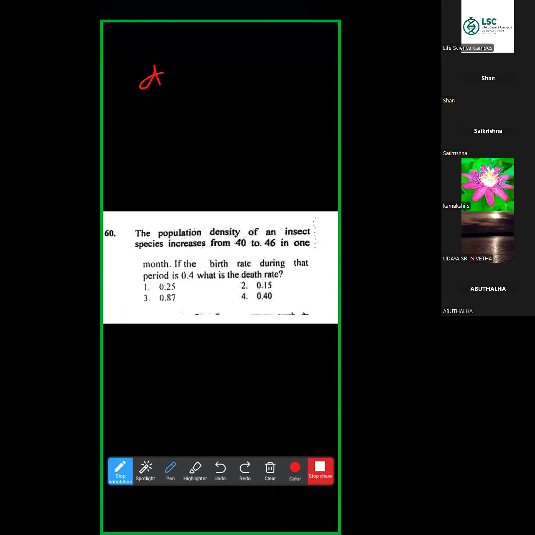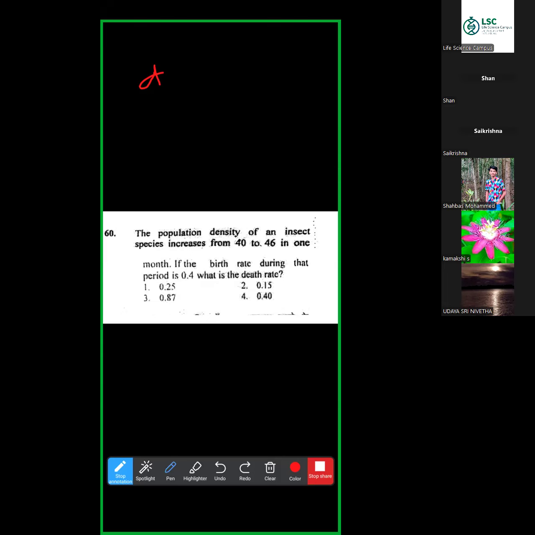So we have an equation including the D value. What was the equation? Is there any equation including the D value? Delta N by delta t is equal to BN minus DN.